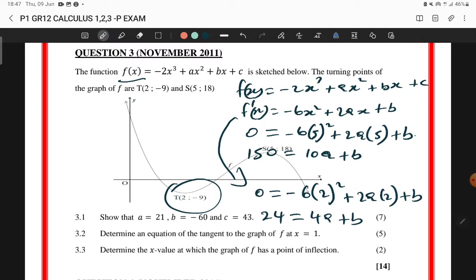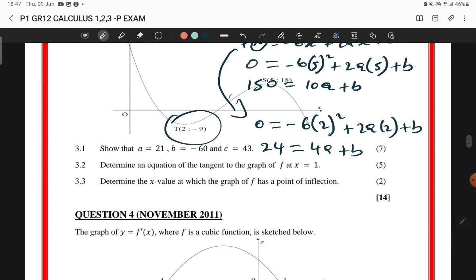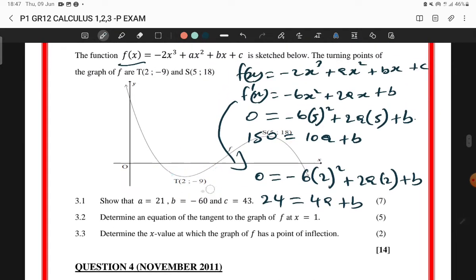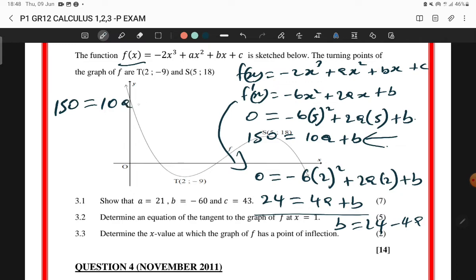So by using the simultaneous equations, we say we are having our b, which is the same as 24 minus 4a. If I'm using this one, in the place of b here, I can just put that. Then we have 150, which is equal to 10a plus b.